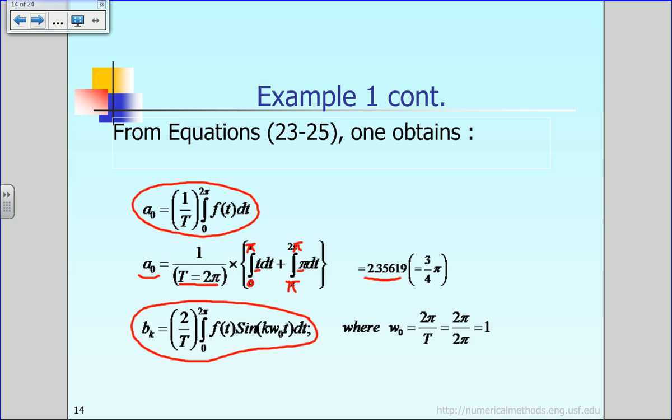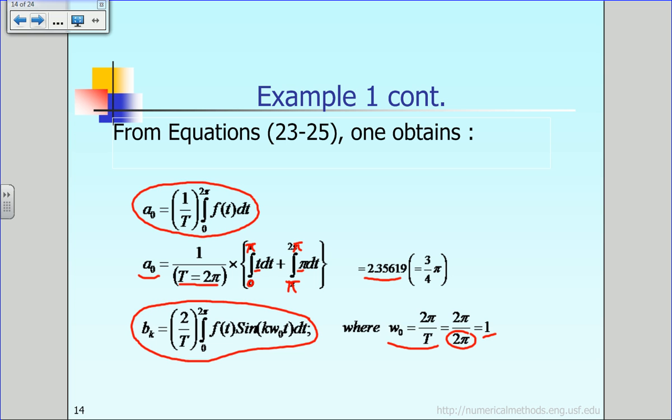Don't forget, omega naught represents the angular frequency, which is equal to 2 pi divided by the period T. In this example, T is equal to 2 pi, therefore omega naught is equal to 1.